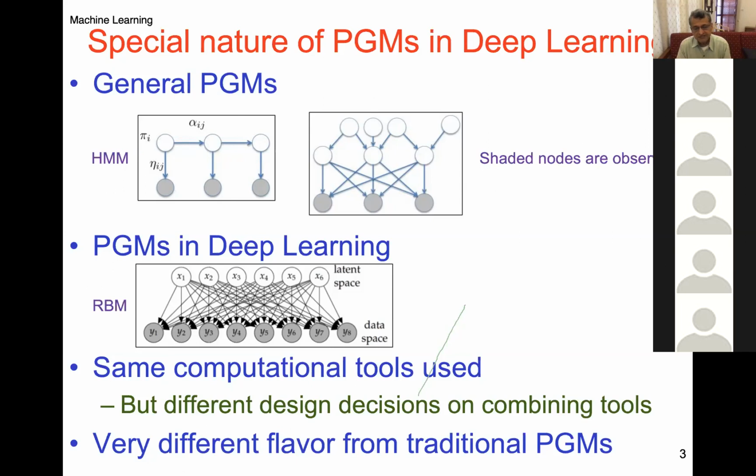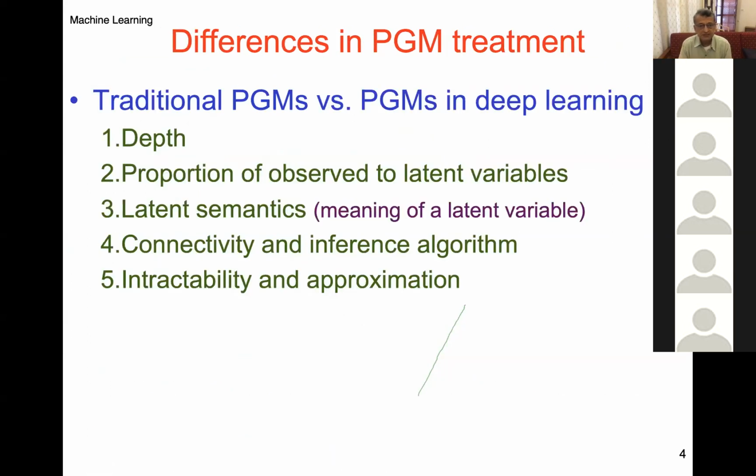But there's a very different flavor in deep learning than these general models in PGM. So that's what's being discussed in these next few slides. So what are the differences? Differences in graphical model treatment. So we're saying all the world is about statistics, right?